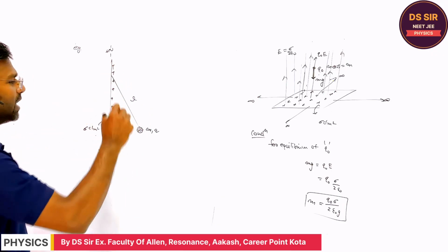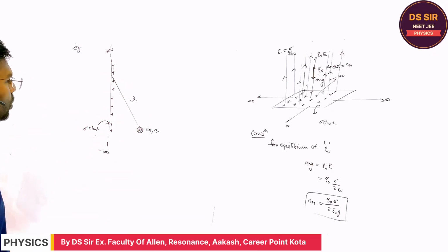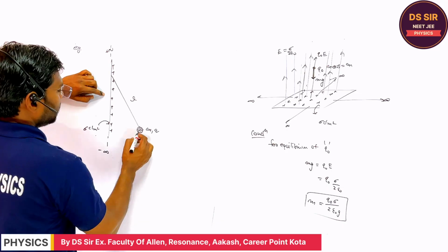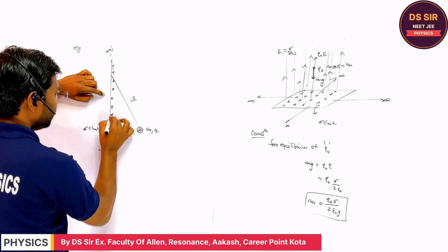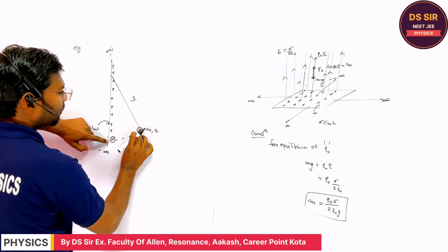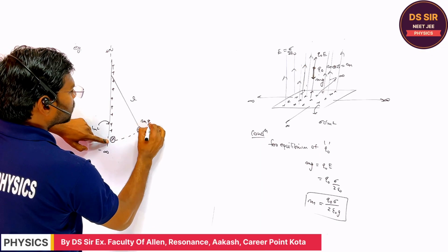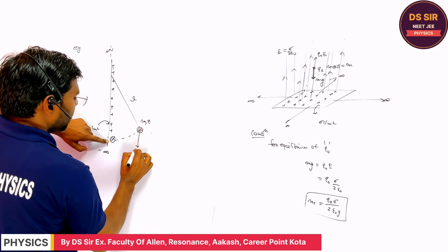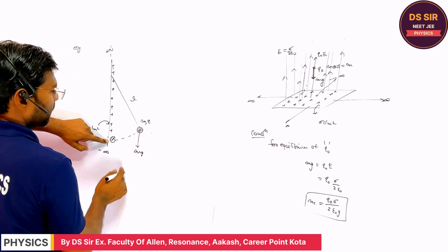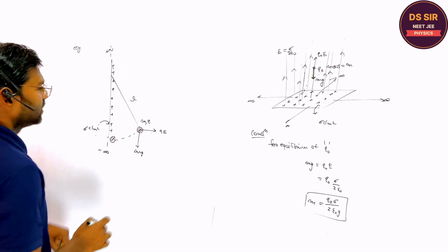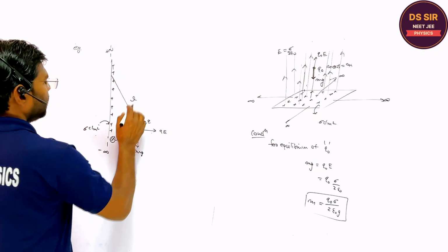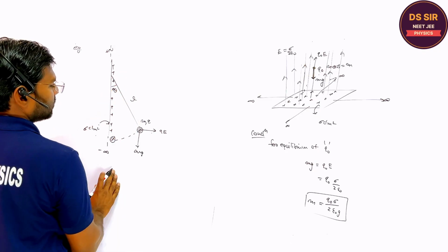The string length is L. Initially it is at rest; when it is hanging, because of electrostatic repulsion, mg will be acting in this direction and the QE force will be acting in this direction. If this is the length and this is the angle theta, right?